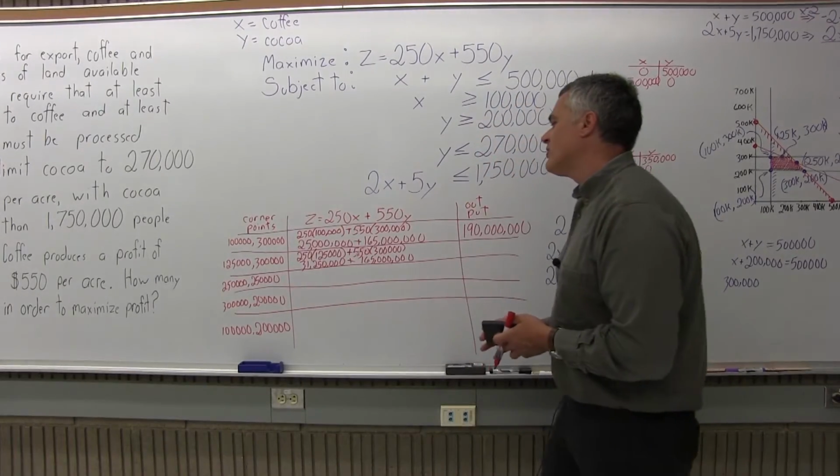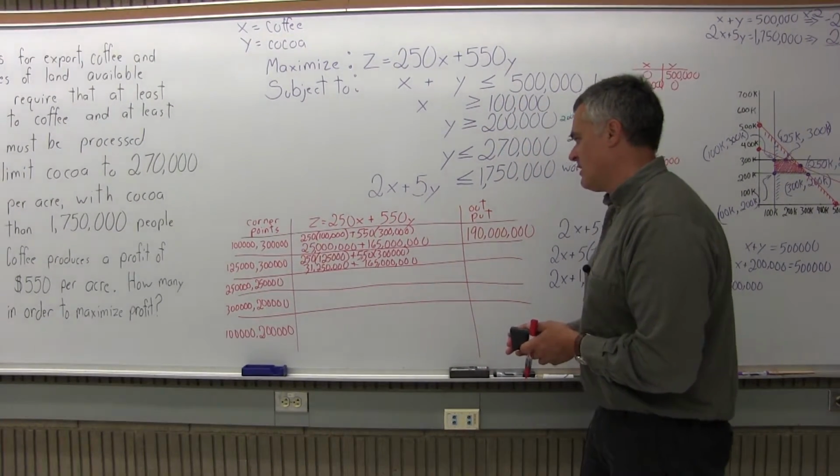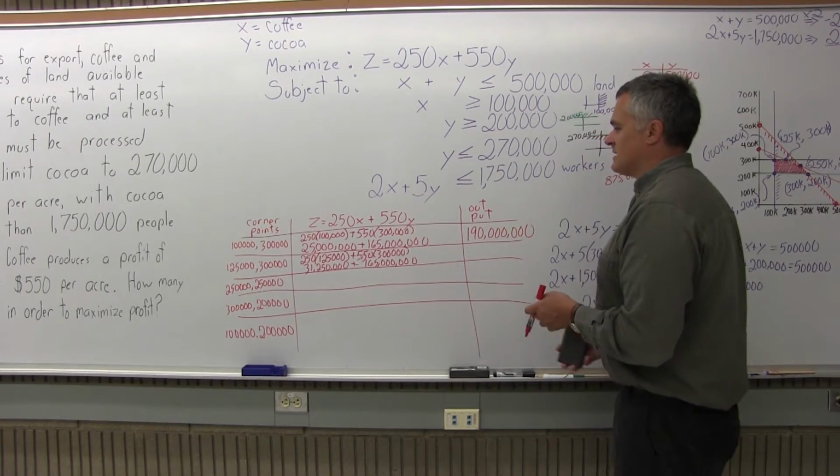So now I need to add 31,250,000 plus 165 million. That would be 196,250,000.